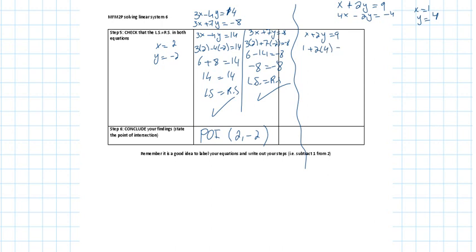So 1 plus 8 is equal to 9, right? And that means left side equals the right side. Are you guys okay with that? 1 plus 2 times 4, because y is 4.